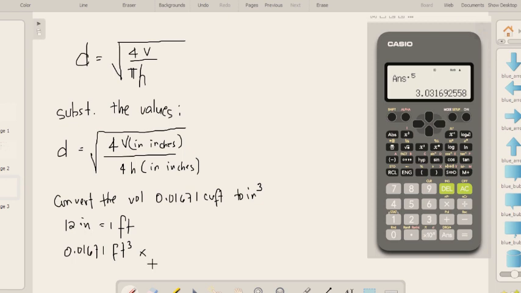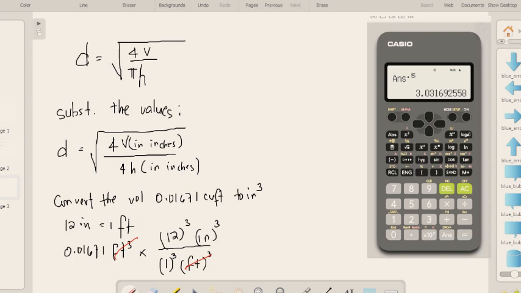But here you have to cube the conversion factor so that we can cancel the unit. So 1 foot you have to cube, and 12 inches you have to cube too.